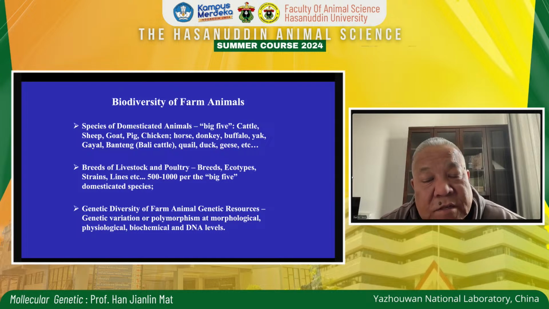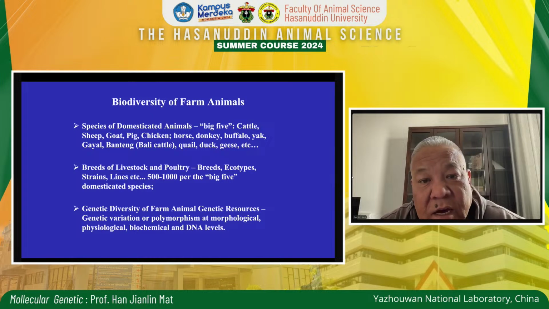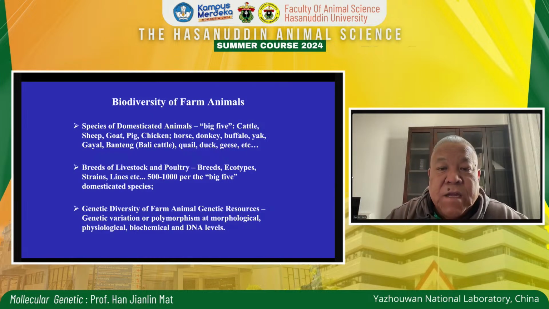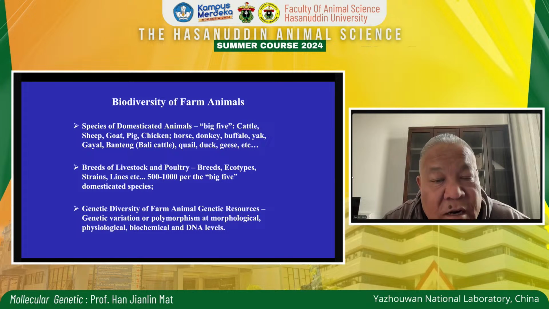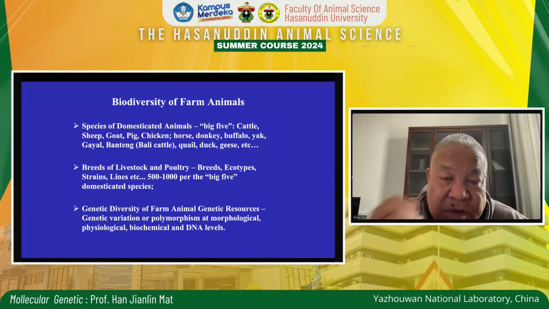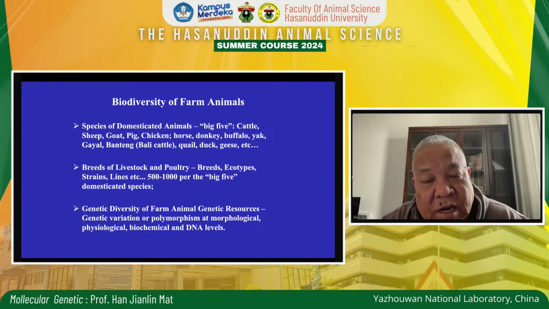Some genes in the genome of a species contribute to domestication, what we call domestication genes, like a gene controlling milk production or meat production. There are genes controlling the domestication capacity or possibility of a species. We are working on that. I will give you a few examples later.